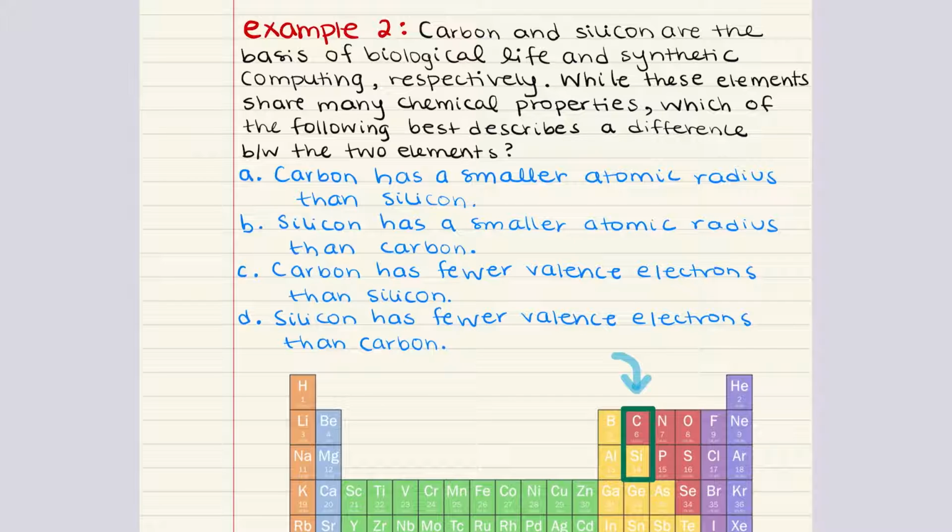Now, the atomic radius, this is important. This is the distance from the center of the atom's nucleus to the outermost shell of electrons. And as you move down a group in the periodic table, the atomic radius increases because additional electron shells are added. In lecture, we said it in reverse.